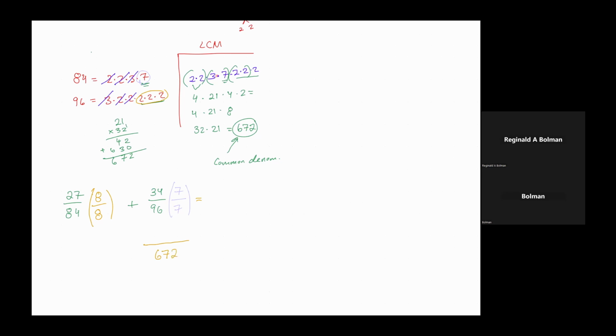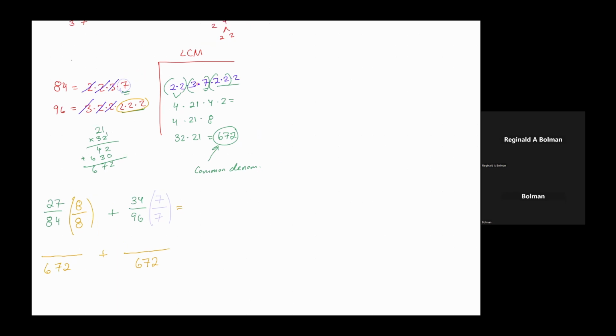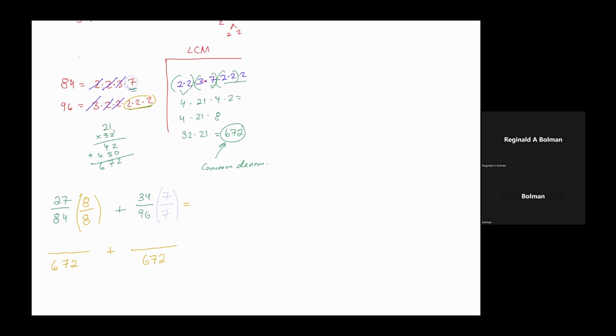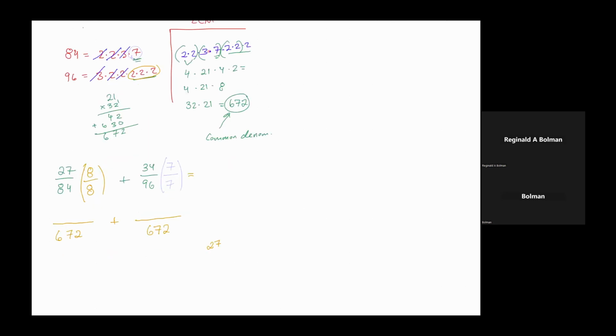And when we multiply 84 times 8, we're also going to get 672 there as well. So we don't even have to do the multiplication operation. We already know that the common denominator, assuming we did everything else correctly, should be 672. But by all means, go and check yourself. If we've done everything correctly up to this point, this should be our answer. However, now what we're going to do is 27 times 8.